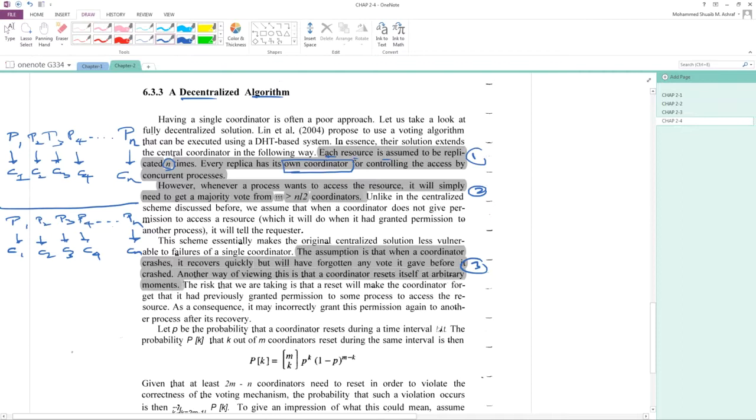Let's say I draw the diagram like this: C1, C2, C3, C4. Now tell me, C1 gives permission to C3, C4 gives permission to C2, and C3 also gives permission to C2. So which one has more?